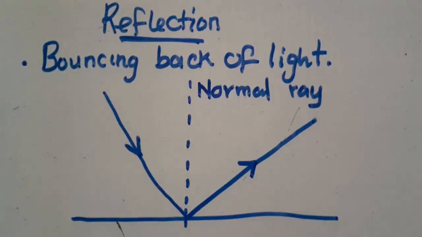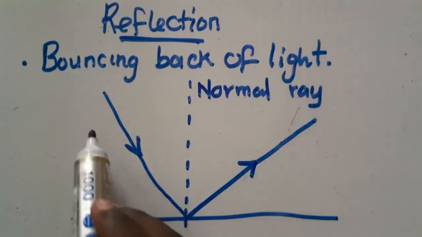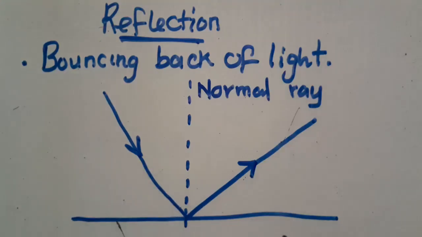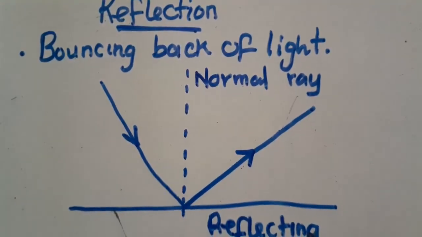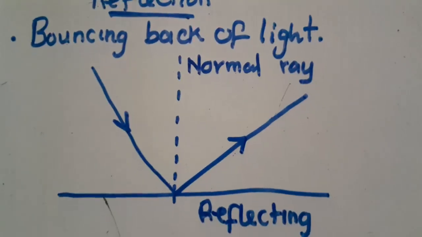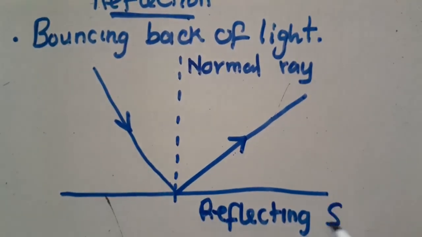What you need to know and understand is that the surface that the ray reaches is called the reflecting surface. This is the reflecting surface.